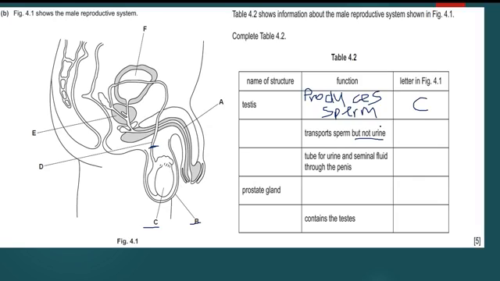So let's give it D. Okay, then we are going to call it the sperm duct.